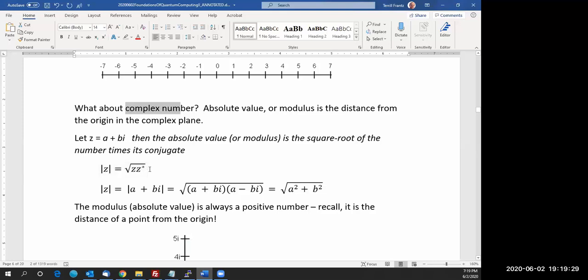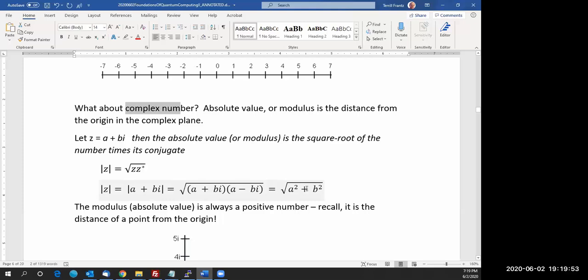If you spell it out a little bit, you could get an aha moment here. If I said, what's the absolute value or the modulus of a plus bi, it would be a plus bi times the conjugate of a plus bi, which is a minus bi, and we take the square root of that.